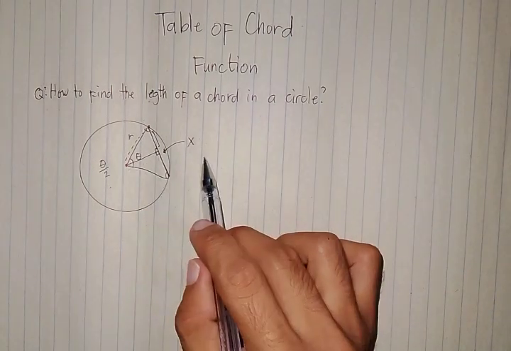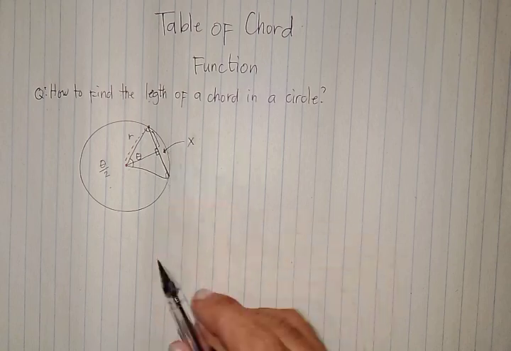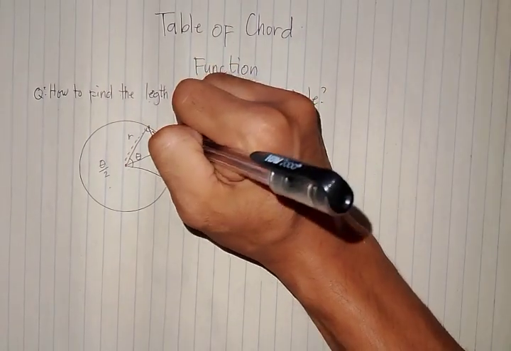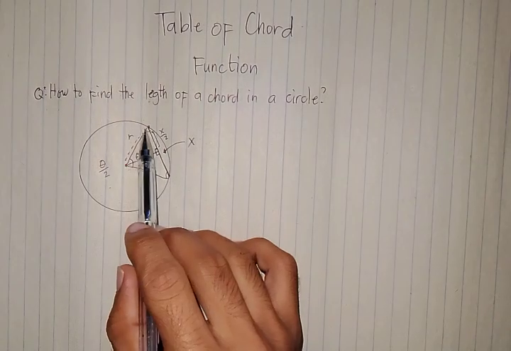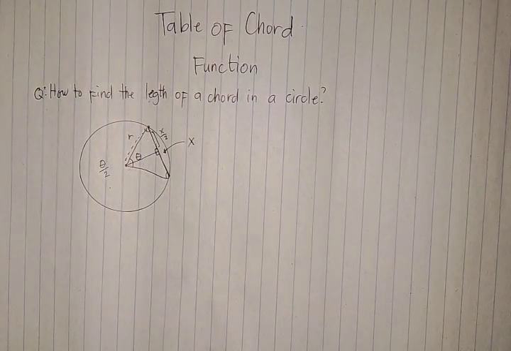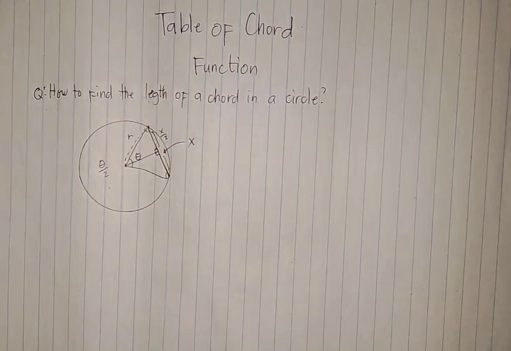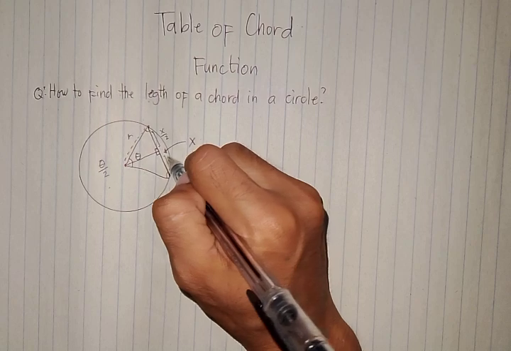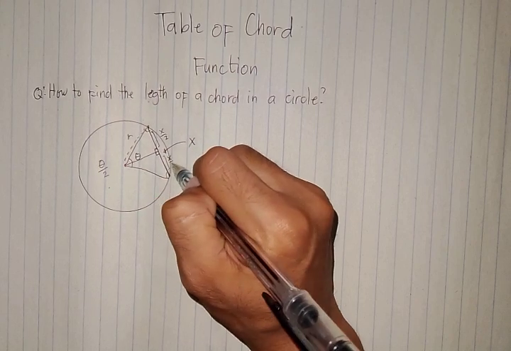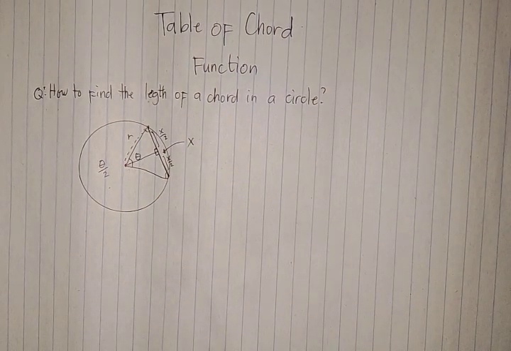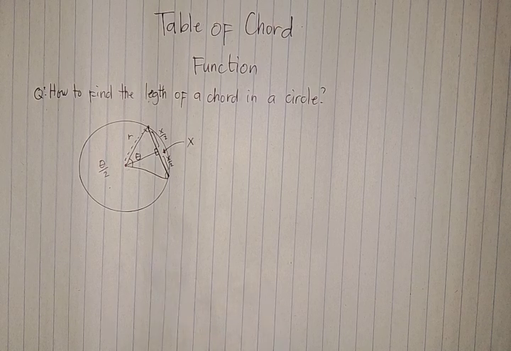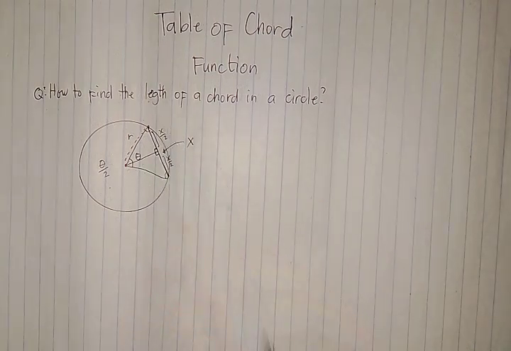So half of the length of the chord is x over 2. This is half of the chord, represented as x over 2, right? So this line here is also half of the chord, which means x divided by 2, right?